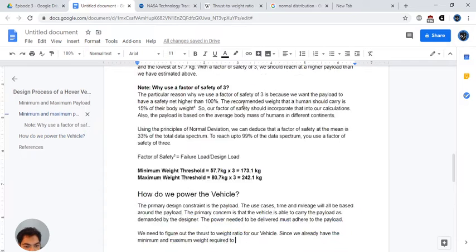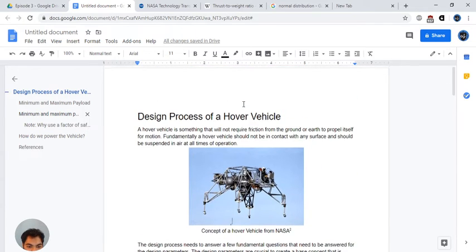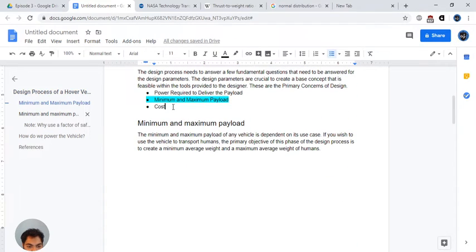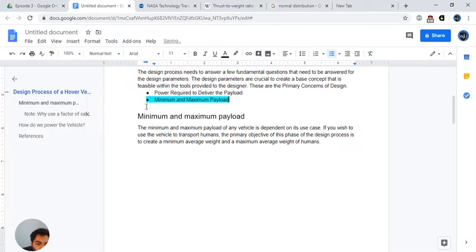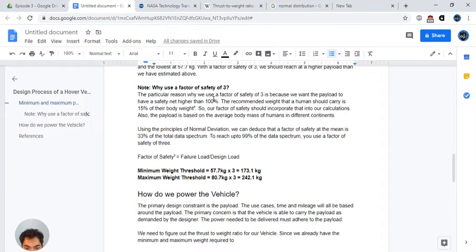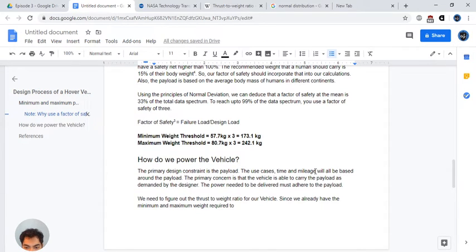I don't think we need to do cost today. Let's not do cost today. We'll do that some other day: use cases, cost, time.